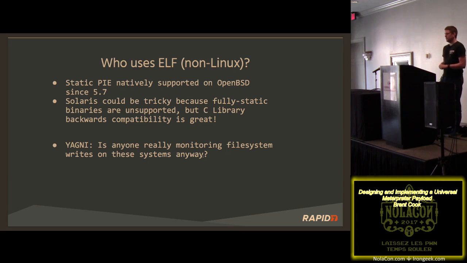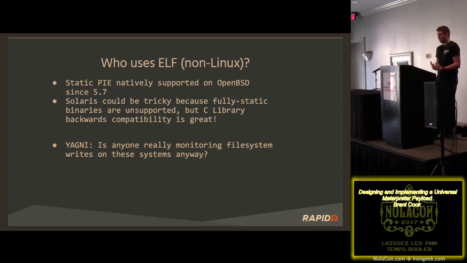In addition, this static position independent executable mechanism has been in OpenBSD since 5.7. So it's a great way to package portable shellcode, if you can actually exploit it, into OpenBSD if you really want to. A few other Linux distributions like Alpine Linux are based completely around this concept. Solaris doesn't even have static linking, so you can build just a normal program and it works everywhere on Solaris.